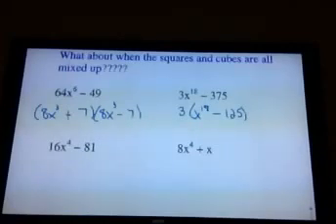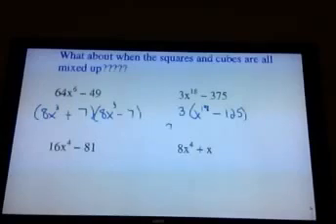Well, x to the 18th is both. It's a square and it's a cube. So I look at 125. 125 is only a cube. 125 is not a square, so I am going to factor this as a difference of cubes.